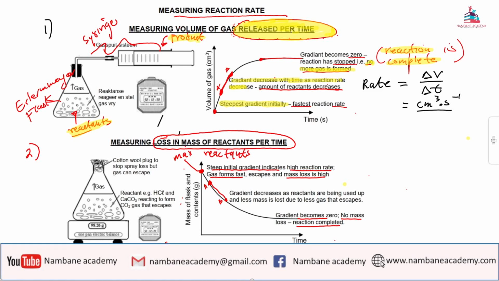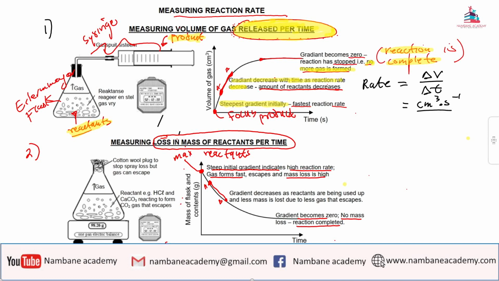If it's starting from 0, it basically says the focus here is products. If it's starting from a certain specific high value, definitely the focus should be on the reactants, because at the beginning of the reaction I have a very high number of moles, concentration, mass, volume.